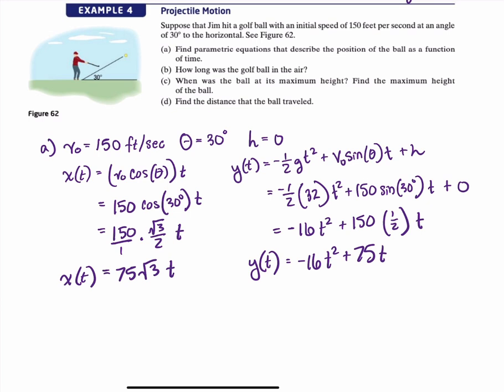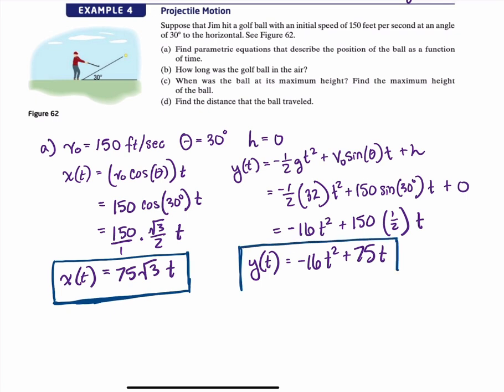So we have two equations where if we plug in some value of t, so like some value of time, it will give us the x part and the y part of the coordinate point. So like how far it's traveled horizontally and its current vertical position, so its current height.